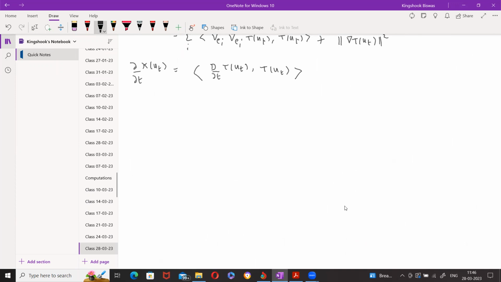So this we've computed, the first term inside the inner product. So this is going to give me a sum over i, inner product of nabla e_i tau u_t with tau u_t, plus there was a curvature term, right?